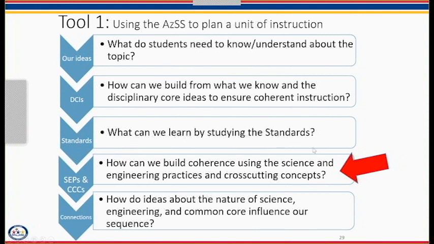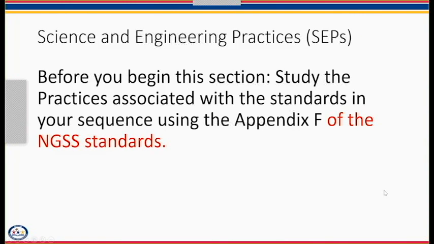And I asked you what we can learn by studying the standards. Now, let's really look into building coherence by using the science and engineering practices and the cross-cutting concepts. We learned about a document through an ADE professional development through NSTA, and we were talking about that during the sound checks.